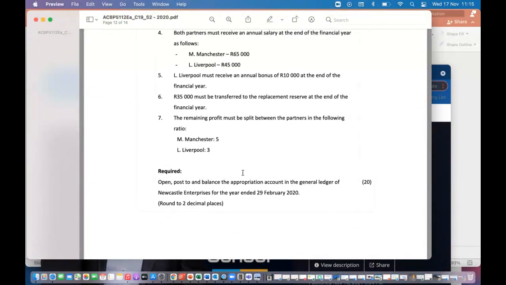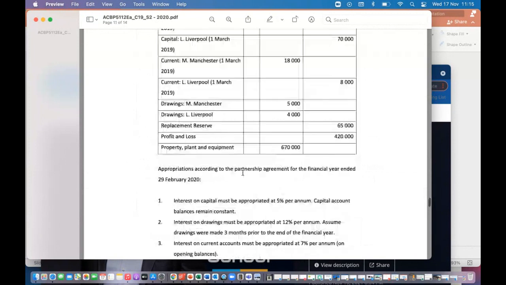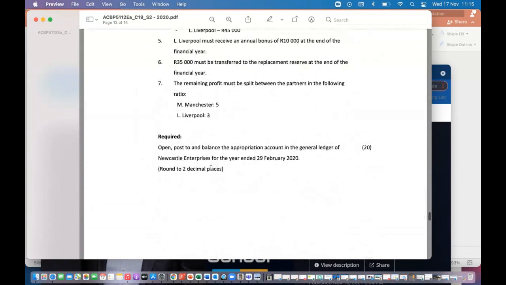So here, this is a partnership question. They're asking for the appropriation account. Okay. So open, post to, and balance the appropriation account in the general ledger of Newcastle Enterprises for the year ended 29 February. And here they say round 2 decimal places.